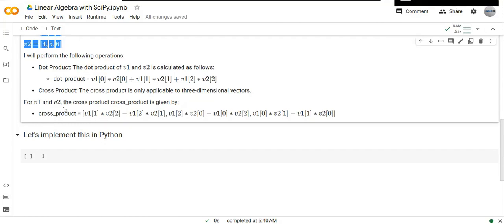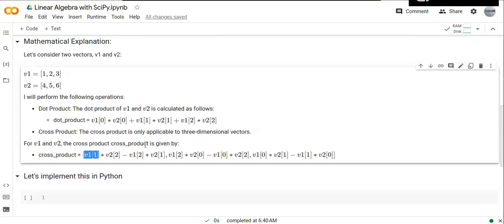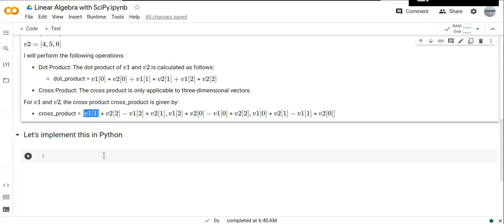So for vector 1 and vector 2, the cross product is given by vector 1 multiplied by vector 2 minus vector 1 multiplied and so on, and that is a one-dimensional array. Okay, this is the mathematical representation, and I will implement this using Python.